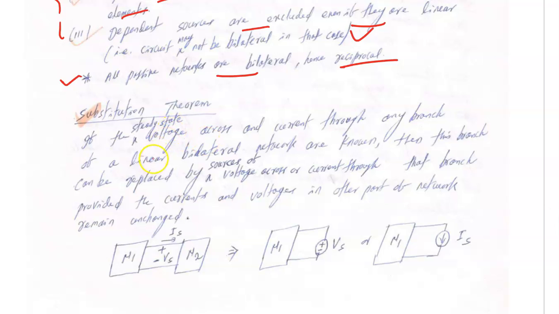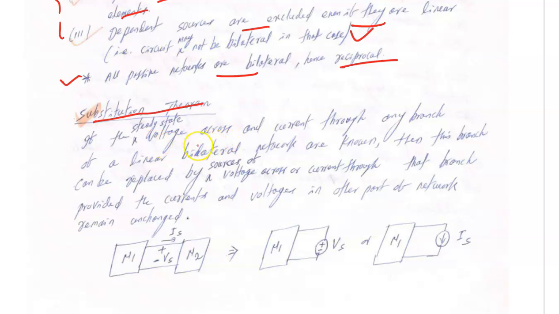There is a theorem, though it is not important as far as GATE is concerned, or a question is less likely to be framed from this theorem, but it is a very simple one. What it says, first I'll go through.